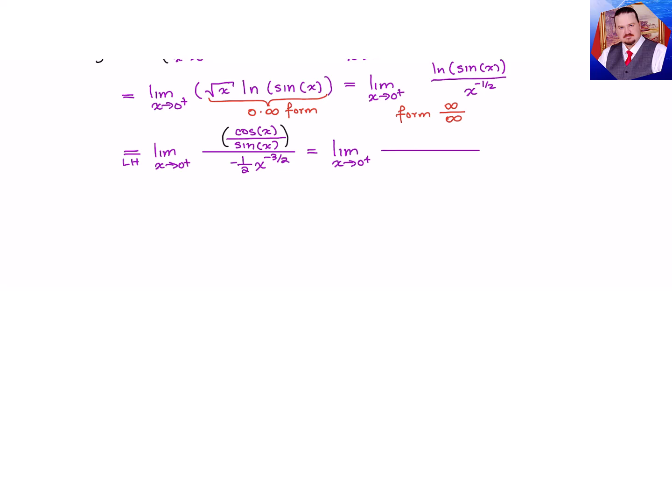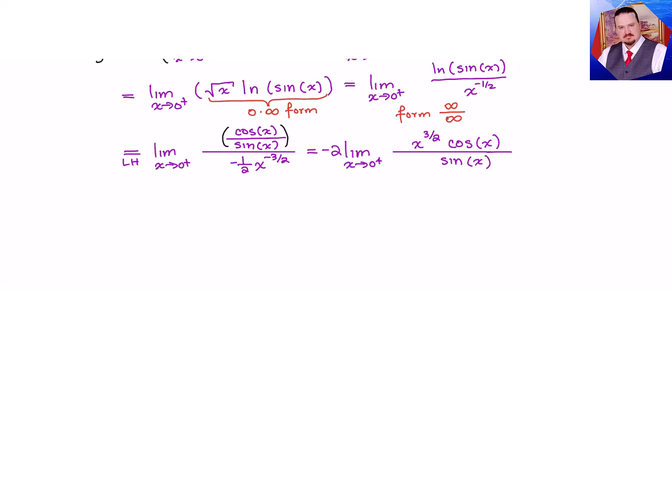So this would be negative 2 out front. The reciprocal, the negative 1/2 will flip, so to speak, in the denominator. We have x to the 3/2 times cosine x over sine x.